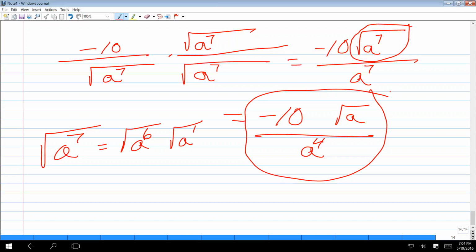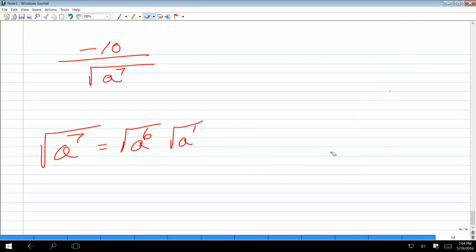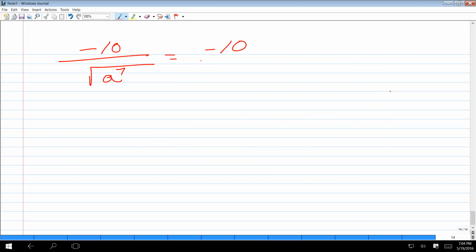Okay. You could have taken that a to the 3rd out before doing anything. In other words, let me just show you an alternate way to do that problem. I'm not sure that it's necessarily easier or better. But if I decided to split that up right away, I would get minus 10 over a cubed times the square root of a, right?